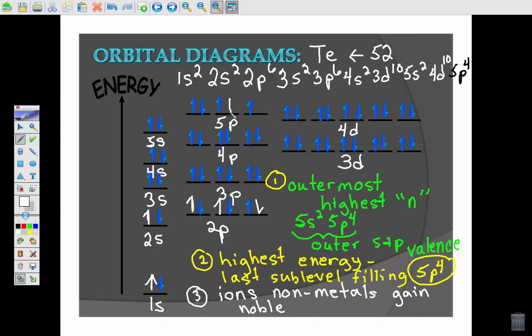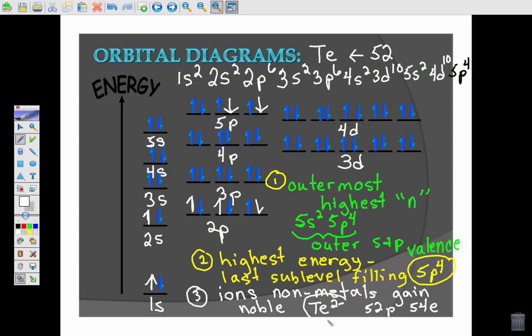So if you notice here, if tellurium gained just 2 electrons, that would make it Te2 negative because it gained 2 electrons, and it would have 52 protons and 54 electrons.